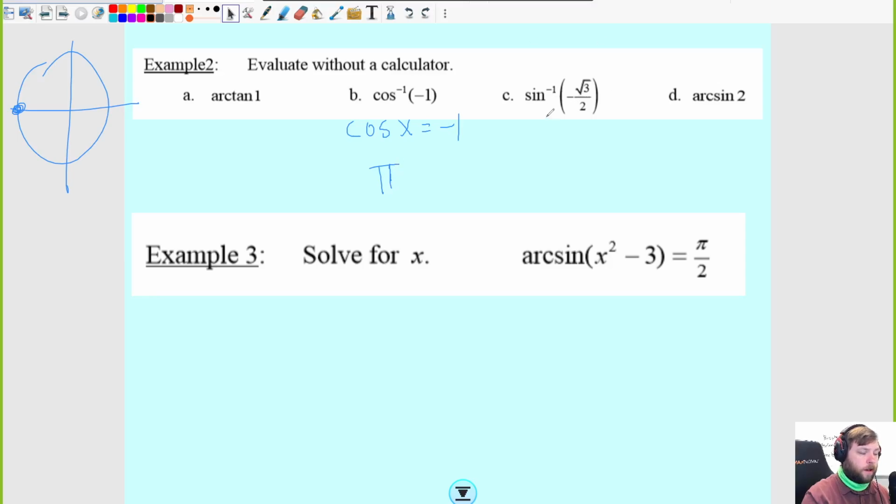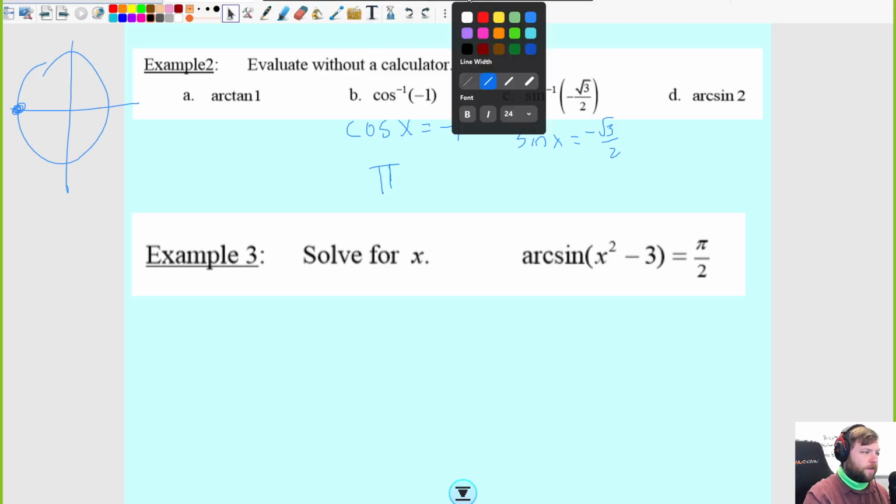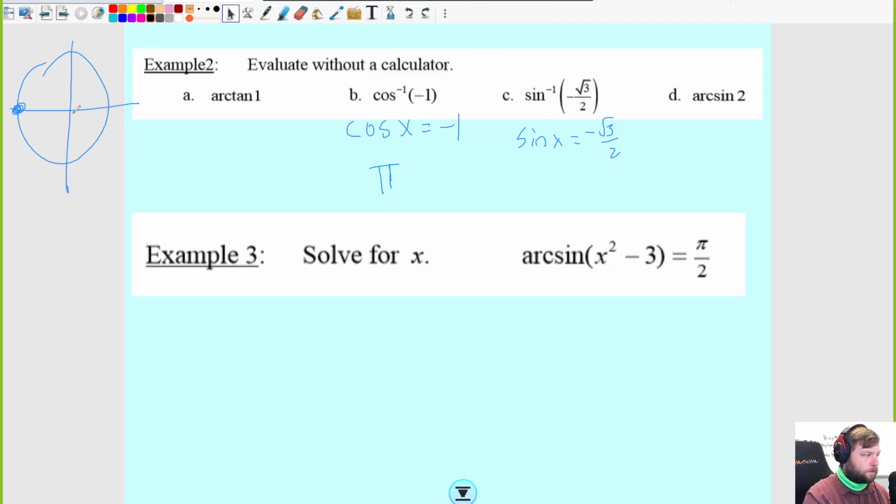Now, here's why domain matters. Let's say for this one, this is like saying sine of x. Where does sine equal -√3/2? The sine's the y values on the unit circle. You know you have like the 3 spokes right here, right? I think of it that way.